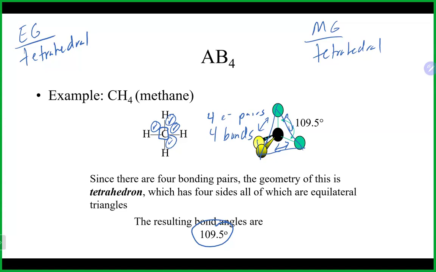Now, when we start to introduce non-bonding electrons around the central atom, the molecular geometry name actually starts to change. And the electron pair geometry name will stay the same because there's still the same number of electrons around it. But what happens with non-bonding electrons is we no longer have atoms on those spots.